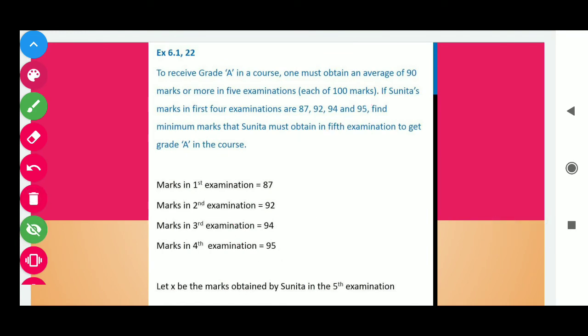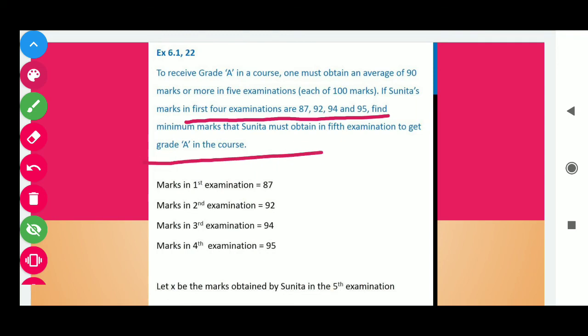Here we have question number 22. To receive grade A in a course, one must obtain an average of 90 marks or more in 5 examinations, each of 100 marks. If Sunita's marks in the first 4 examinations are 87, 92, 94 and 95, find the minimum marks that Sunita must obtain in the 5th examination to get grade A in the course.